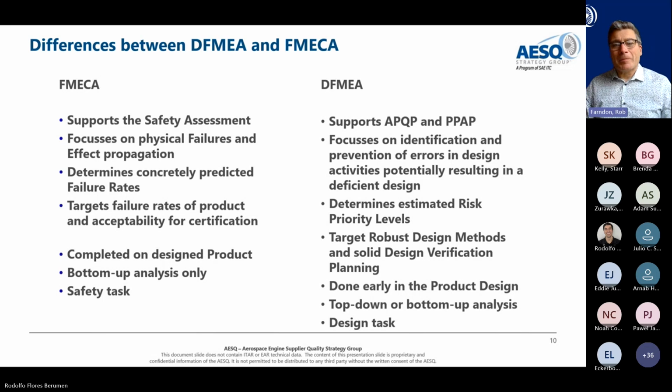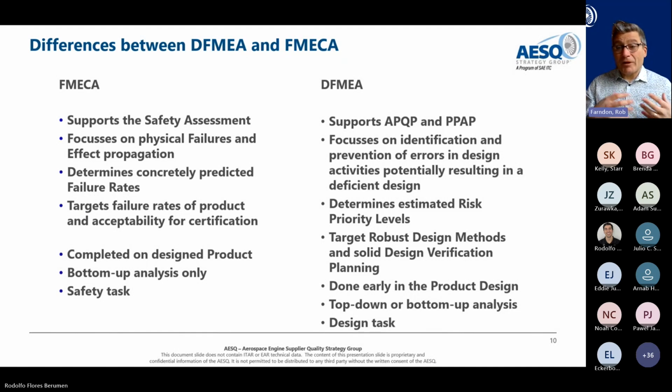So DFMEA is something we perform in support of APQP and PPAP. It's something that's part of that defect reduction suite that tries to ensure that the customer is satisfied. And we're going to use it to focus on the identification and prevention of errors, either in the design or in the production process.